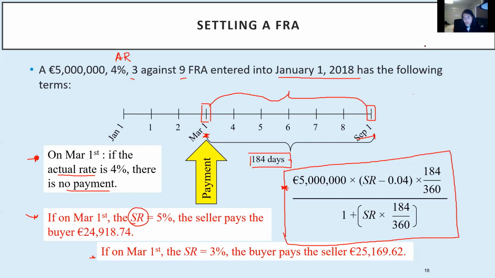So it is quite similar to a forward payoff function for currency. The only difference is the formula is different. All right, that is the first part of the lecture today.